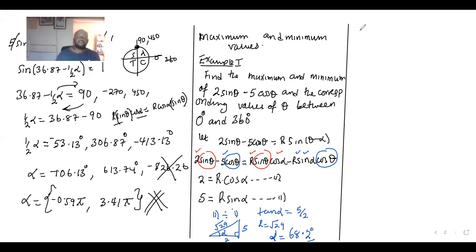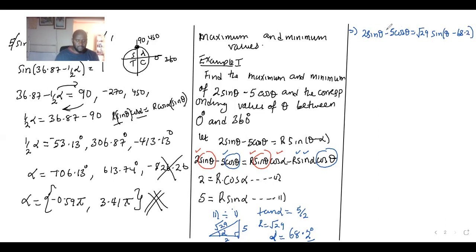Now, what does that imply? It implies that 2 sine theta minus 5 cos theta is equal to root of 29 sine of theta minus 68.2.